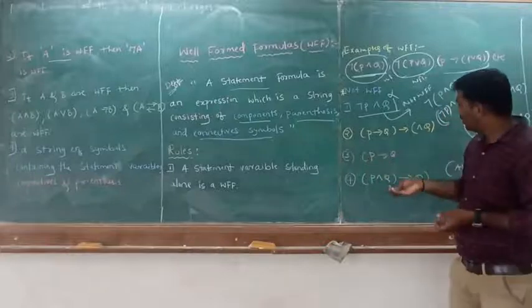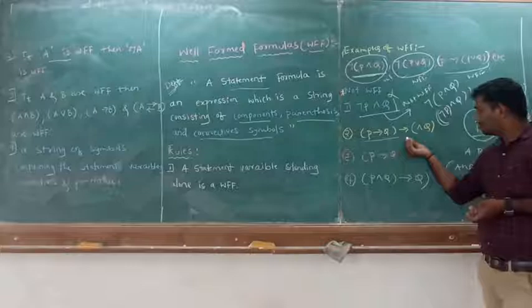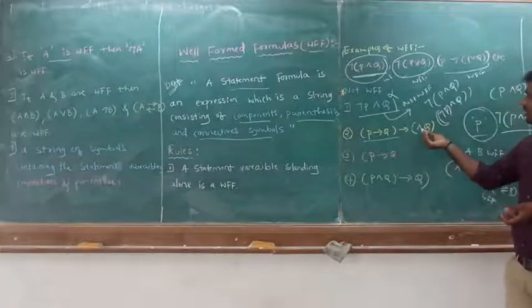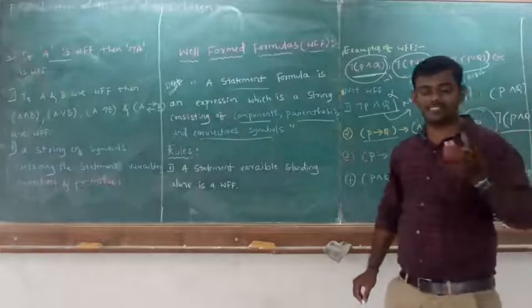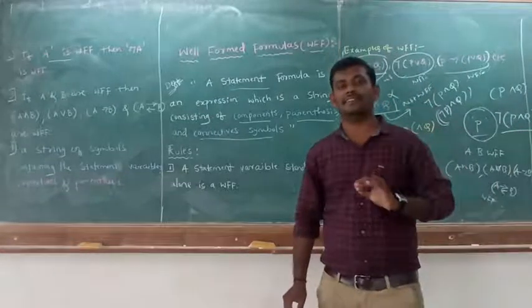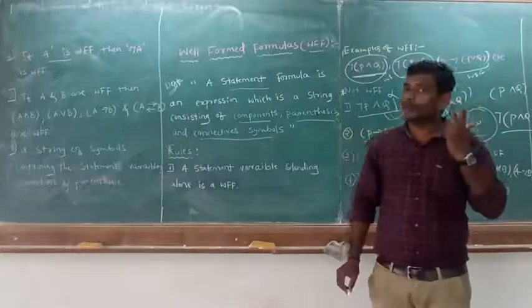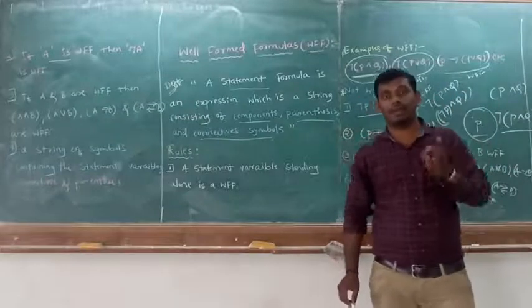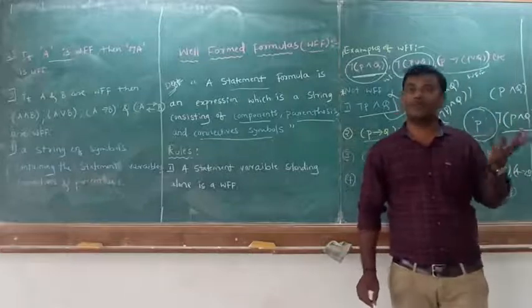Second, P conditional Q in brackets, then conditional conjunction Q. Here conjunction, disjunction, conditional and biconditional are binary operations, requiring two primary statements, while negation is a unary operation that requires only one primary statement.